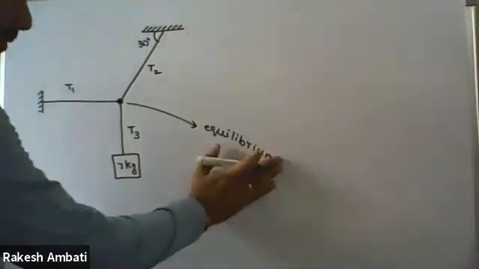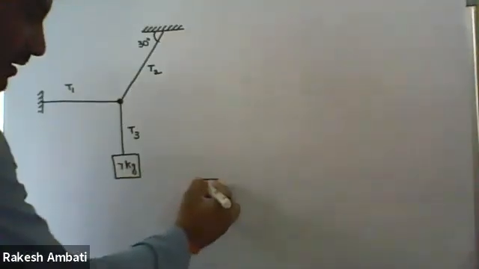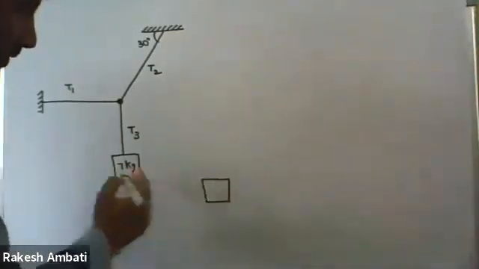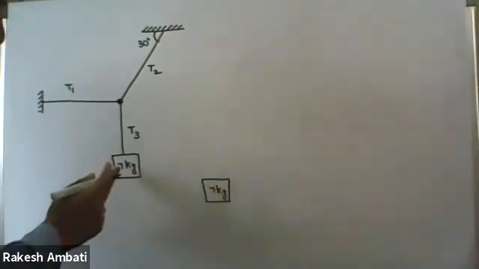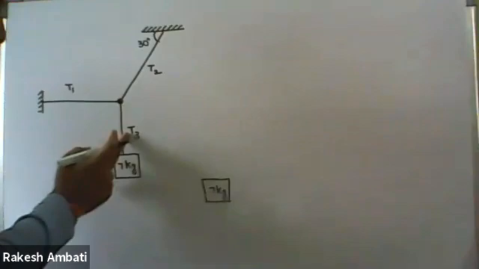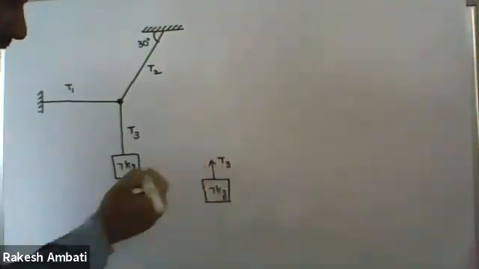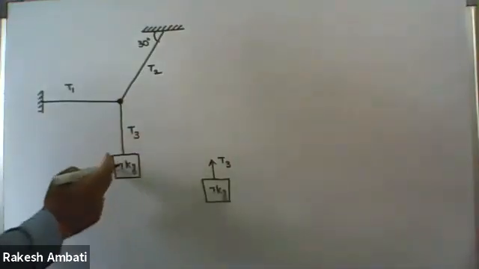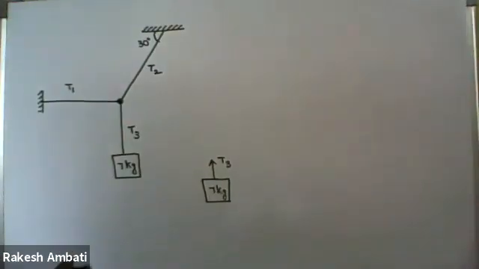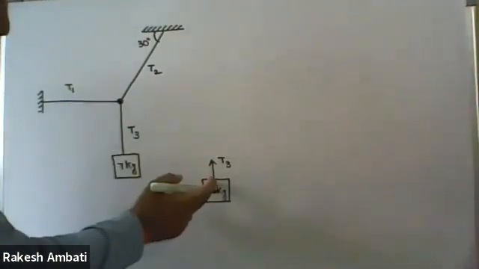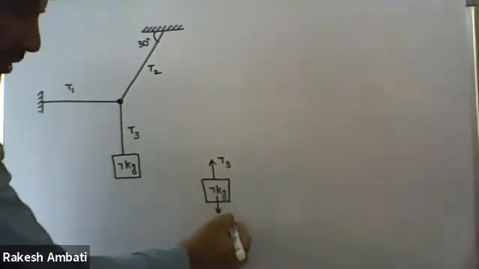If I draw the free body diagram for this 7 kg block, what is the direction of tension force? It is away from the object. For this block, the tension force is away from the object, and a 7 kg block's weight is 70 newtons.